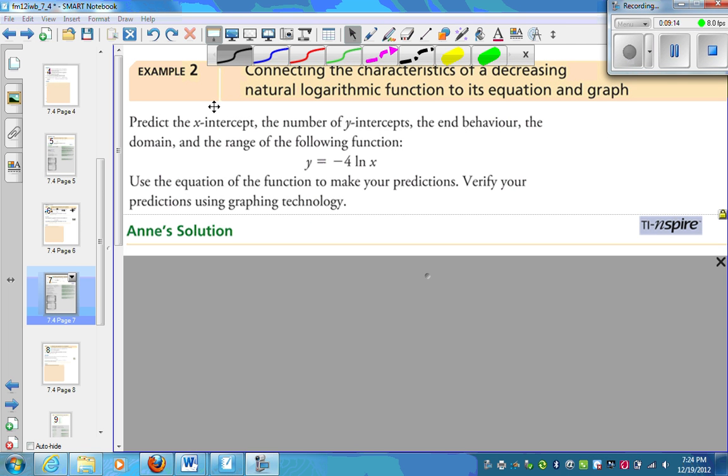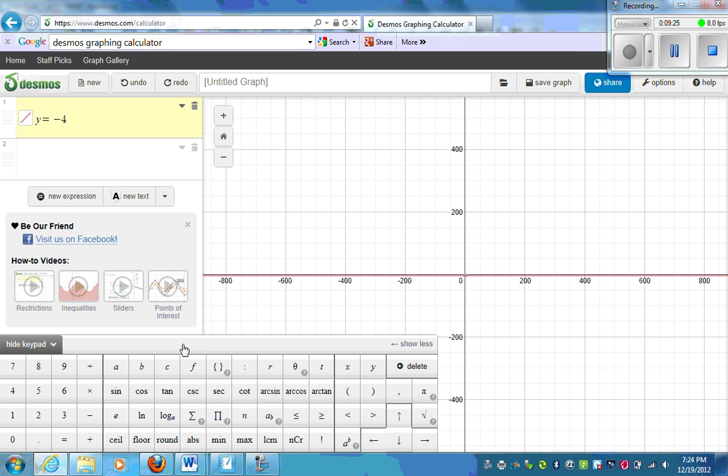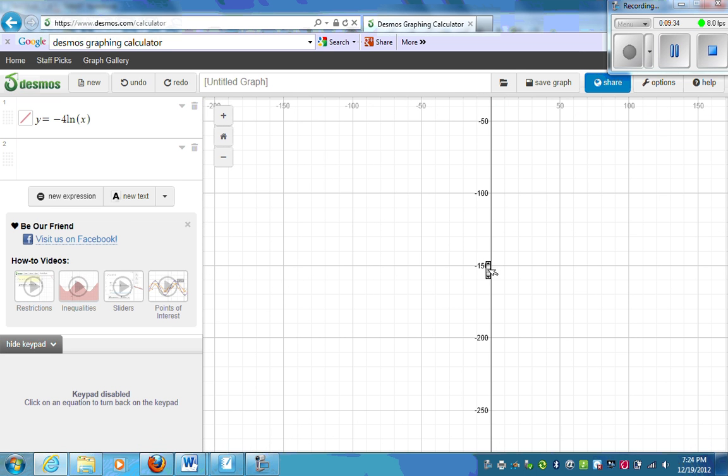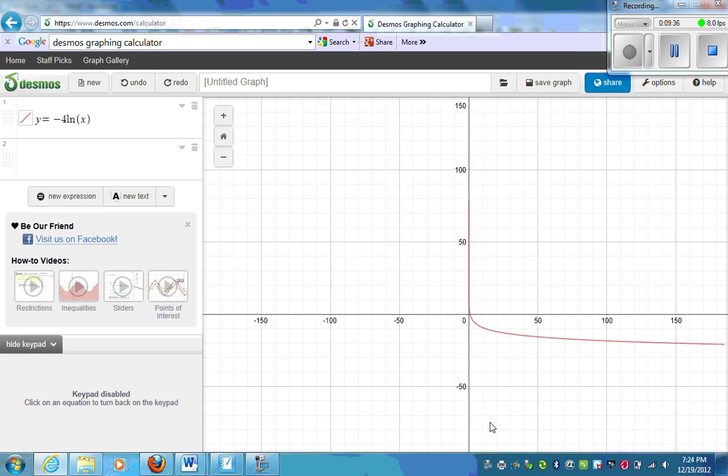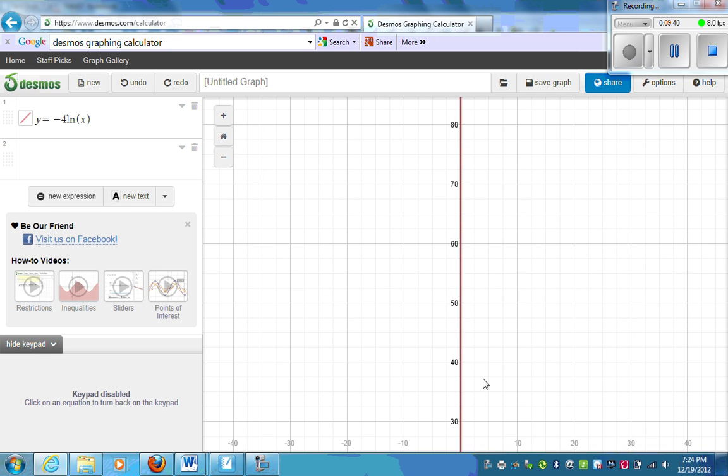Okay, let's try this next one. y equals -4 ln x. We alluded to it, but how is that -4 going to affect it? We're just going to skip ahead and graph this. To find ln, it's down here, ln x. And let's graph what that looks like. Okay, we're zoomed out a whole bunch. Now, instead of being increasing, you'll notice that this function is decreasing.